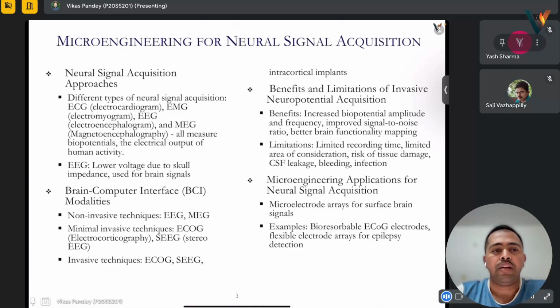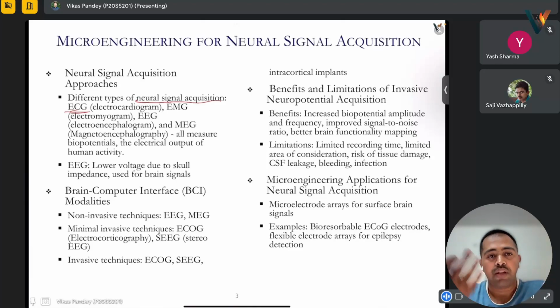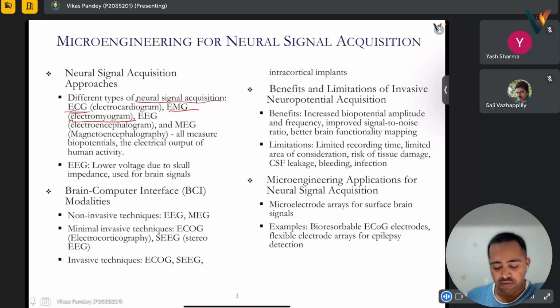Specifically, there are some different types of neural signal acquisition techniques. One of the most common is the ECG. ECG is for the heart, right? So electrocardiogram is also a way of measuring biopotential. EMG is the electromyogram. EEG is for the brain, electroencephalogram.